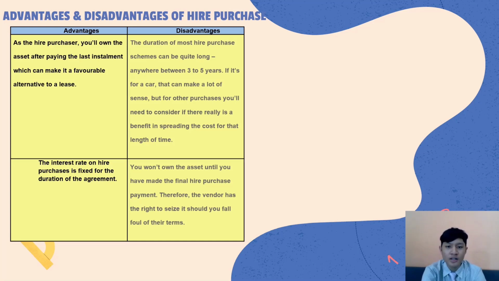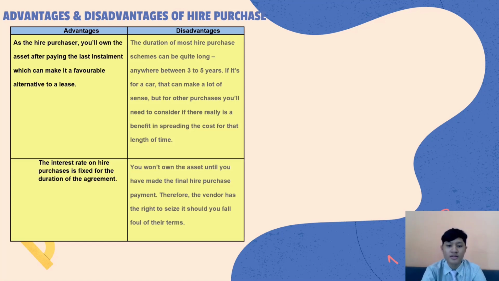But for other purchases, you will need to consider whether there really is a benefit in spreading the cost over that length of time, which you could use to budget for another asset you want to own. This disadvantage is only the long time period to finish the settlement. And the second is that you will not own the asset until you have made the final hire purchase payment.